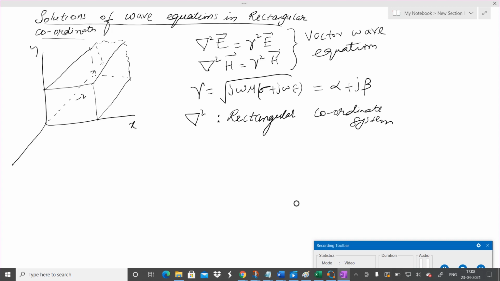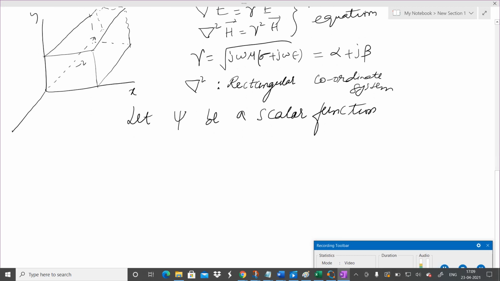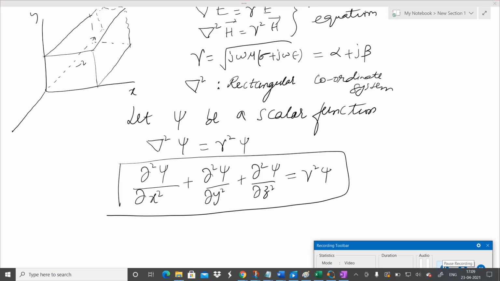Let's first see a general equation where psi is some scalar function. Then in scalar form we can write the equation as del square psi is equal to gamma square psi, or in rectangular coordinates it is del 2 psi upon del x2, del y2 and del z2.